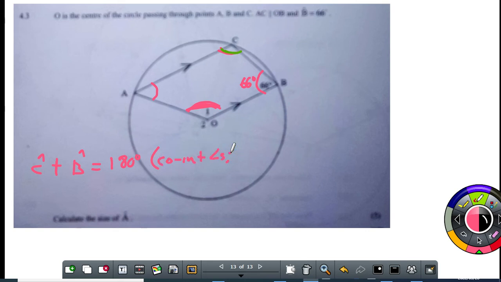Then I'll state my lines that are parallel, that AC is parallel to OB. So angle C is going to be 180 degrees minus 66, and that will give me 114 degrees.